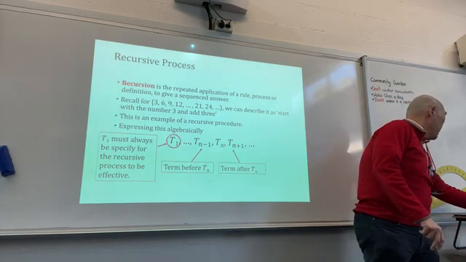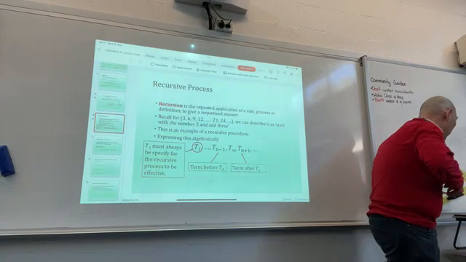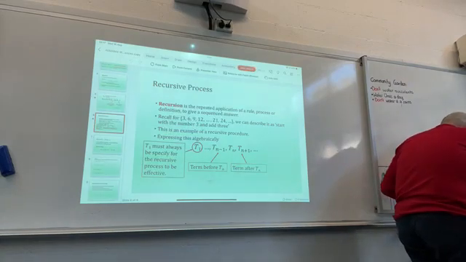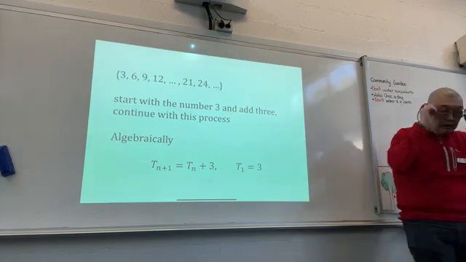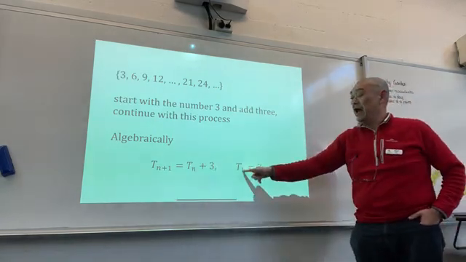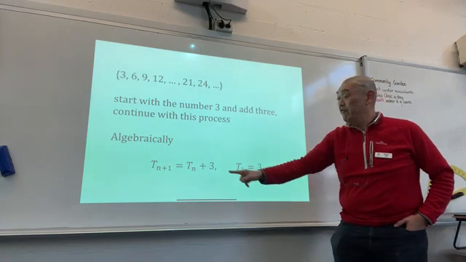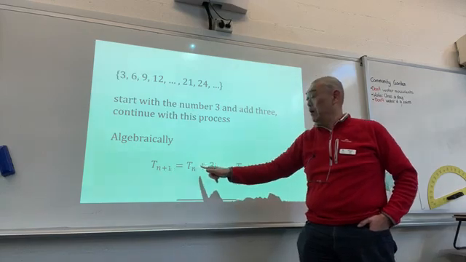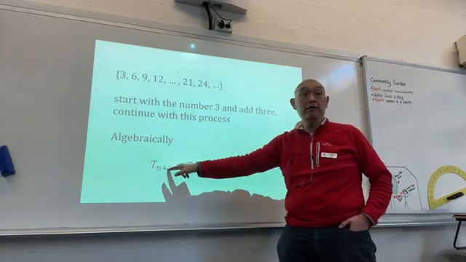So, what happened is, I can therefore say algebraically Tn plus 1 is Tn plus 3, and I specifically say that T1 is 3. So therefore I know T2 is T1 plus 3. Correct? Yeah? Got it? Yeah.